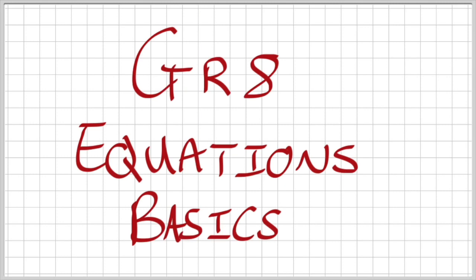We are at one of the top two most important video series that you would ever do because of this chapter of equations being applied in every single sum in mathematics.